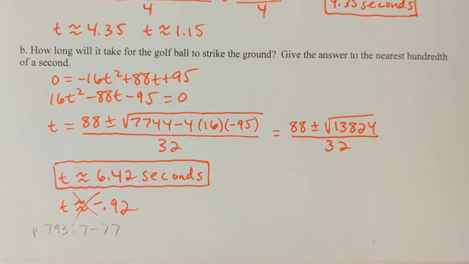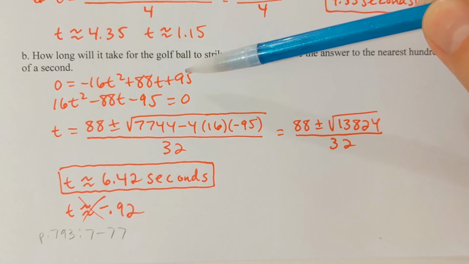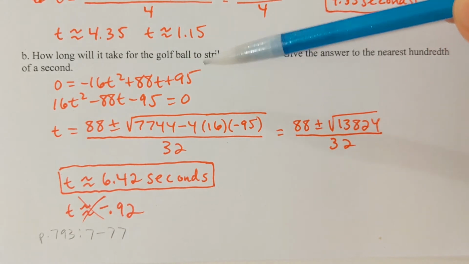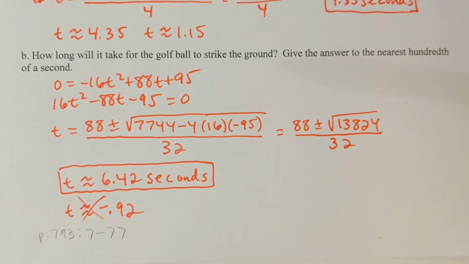Okay, part B, how long will it take for the golf ball to strike the ground? Well, h is the height, and so if it's on the ground, you'd have a height of 0, right? So I'd want to set the function equal to 0 and then solve for t. The first thing, I've moved all the terms to the other side, or you could think about it as multiplying both sides by -1.